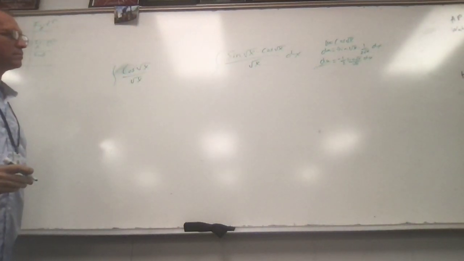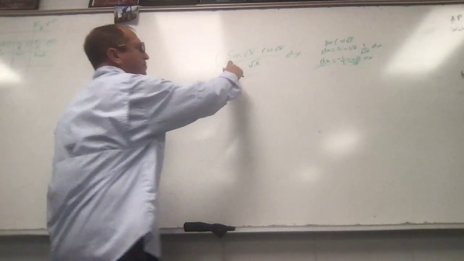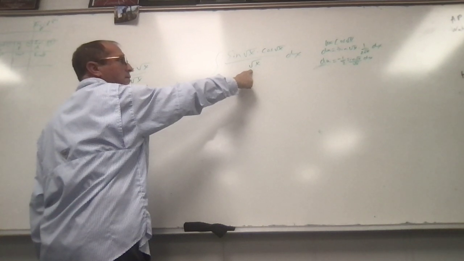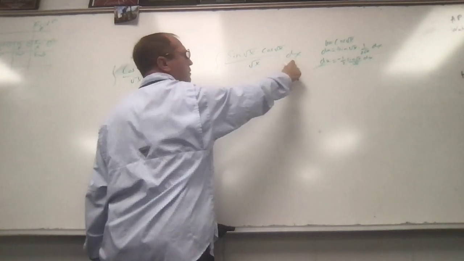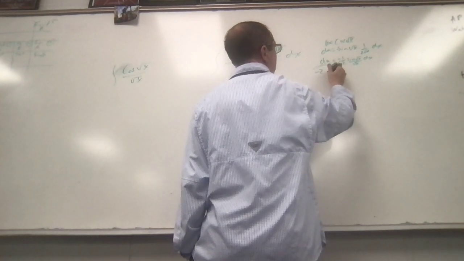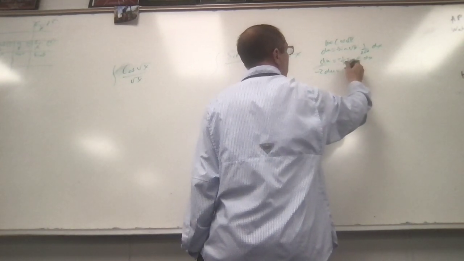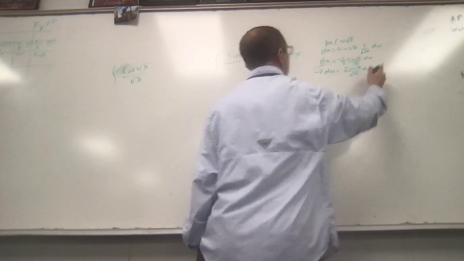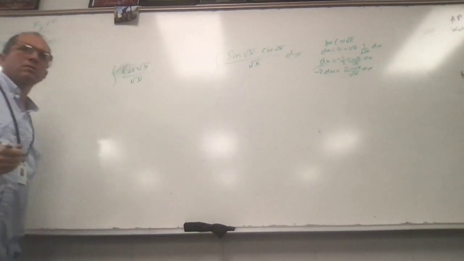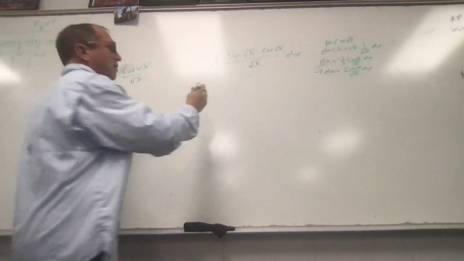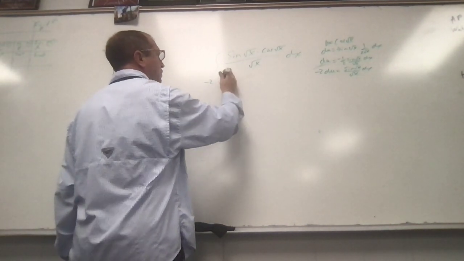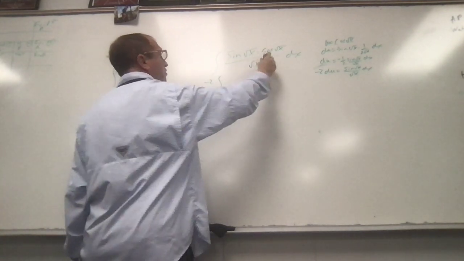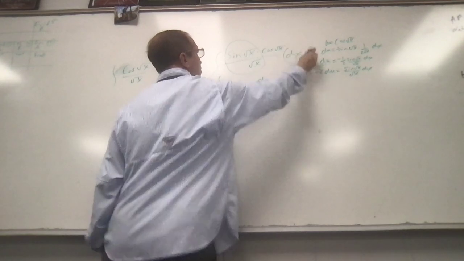So those two are the same thing? Well, I have the sine of the square root of x over the square root of x dx. So that's going to become negative 2 du. So I've got negative 2 du, and again, that takes the place of this and this.